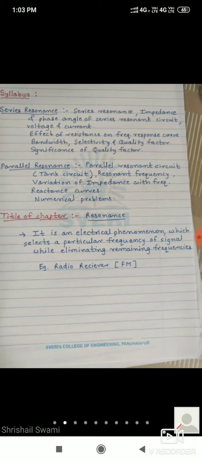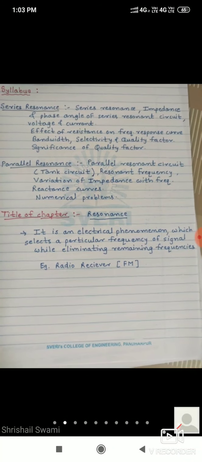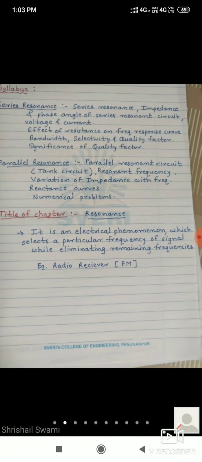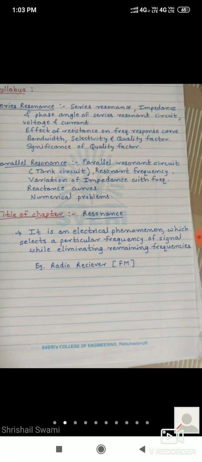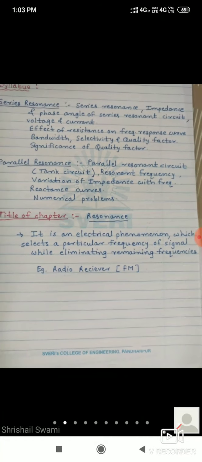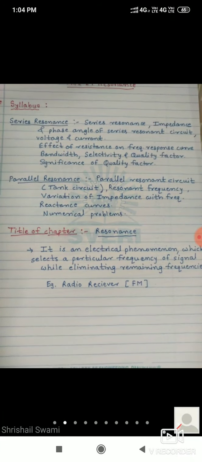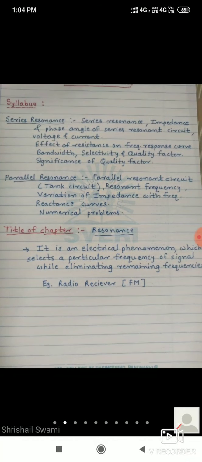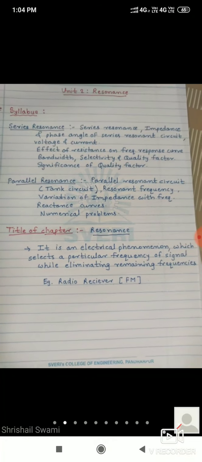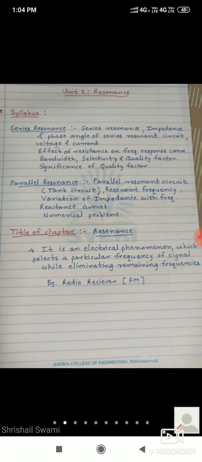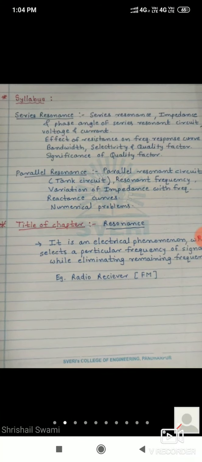Resonance is an electrical phenomenon which selects a particular frequency of the signal while eliminating the remaining frequencies. The example I have given is the radio receiver, that is FM. Everyone knows FM. So what is the function of FM, or what is the function of your radio? Anyone?